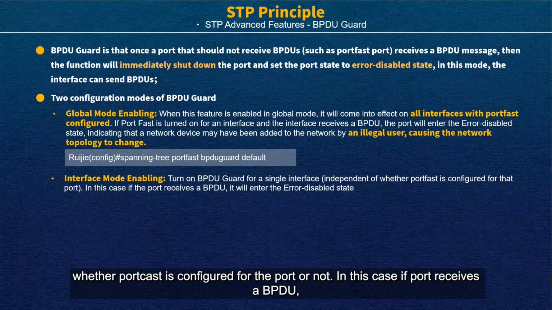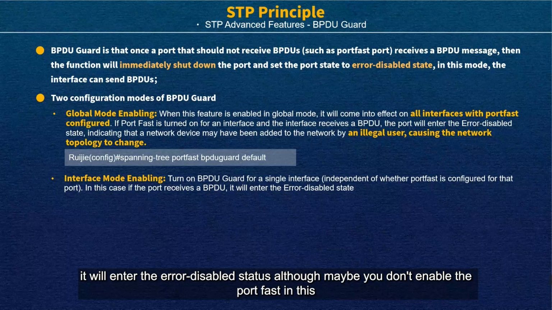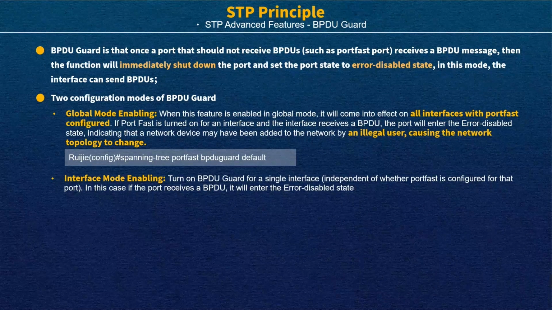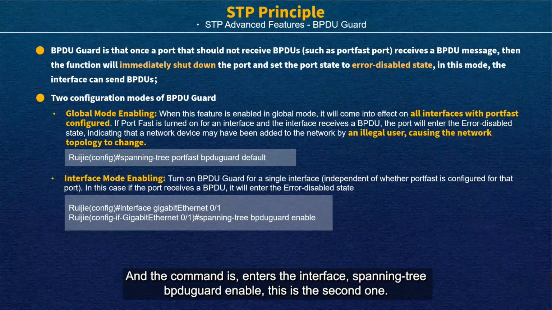In this case, if the port receives a BPDU, it will enter the error disabled status, although maybe you haven't enabled port fast on this interface. It doesn't matter. But the global mode only works for port fast ports. And the command is to enter the interface and use spanning-tree bpduguard enable. This is the second one.